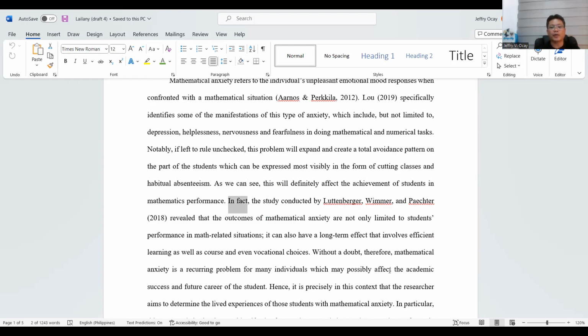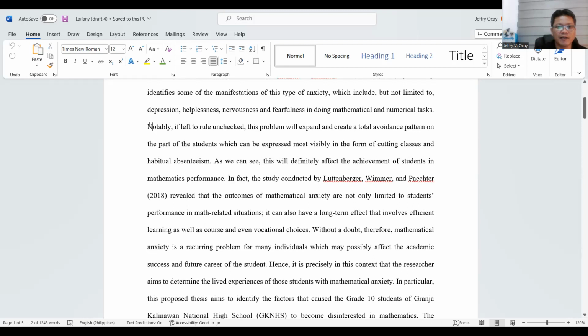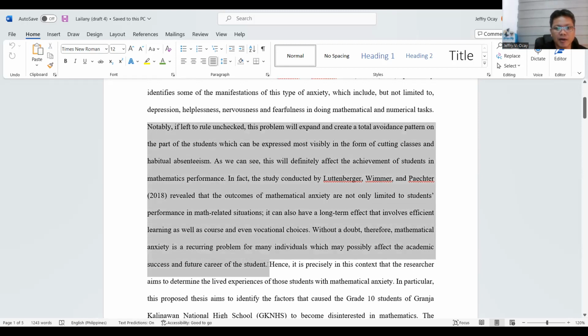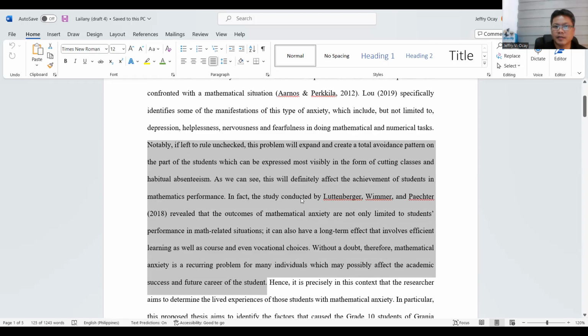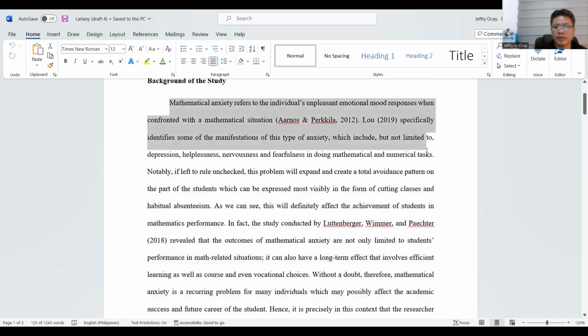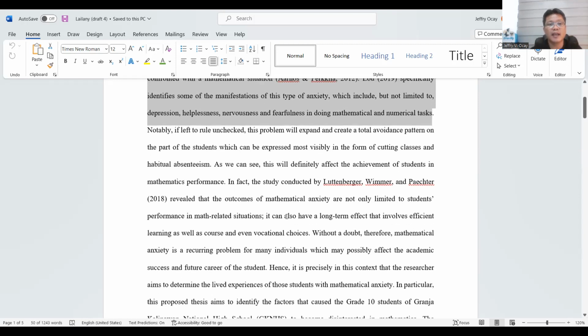Without a doubt, therefore, mathematical anxiety is a recurring problem for many individuals, which may possibly affect the academic success and future career of the students. So you see, we have a strong problem here. See, here we talk about what mathematical anxiety is, and from the meaning itself and its nature and dynamics, we can sense right away that it is really a problem in itself that needs serious consideration.